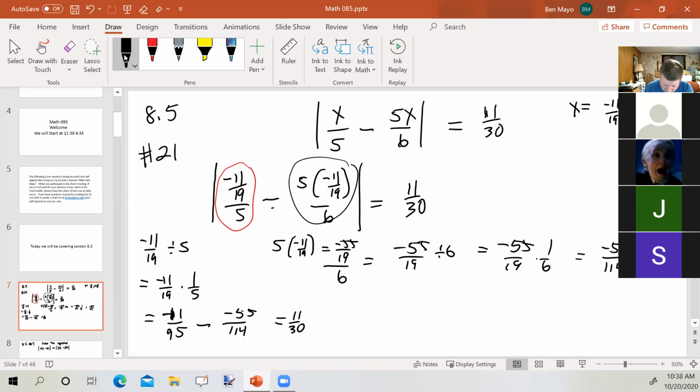I guess not. Subtracting a negative would be like adding a positive. But now I need a common denominator for 95, 114, and for 30. And that just seems awful, doesn't it? I'm going to wish I'd had more room.